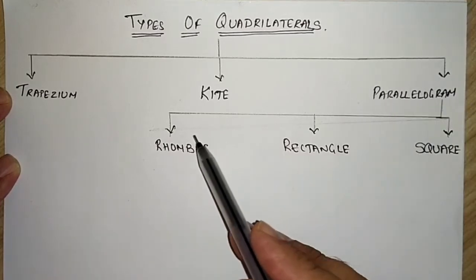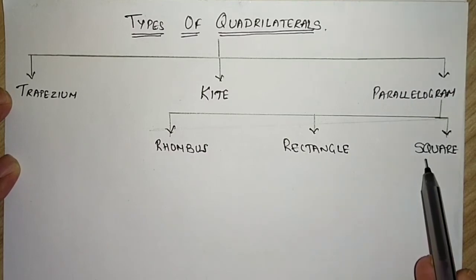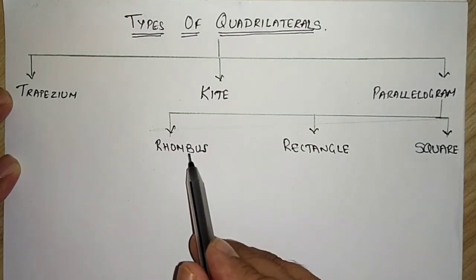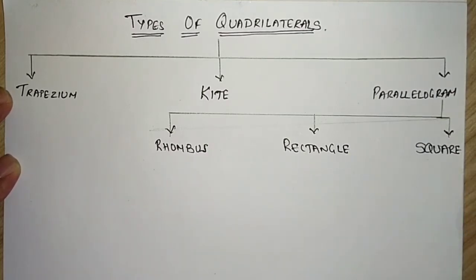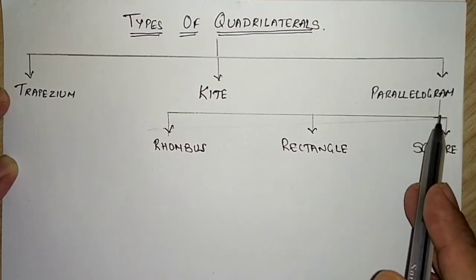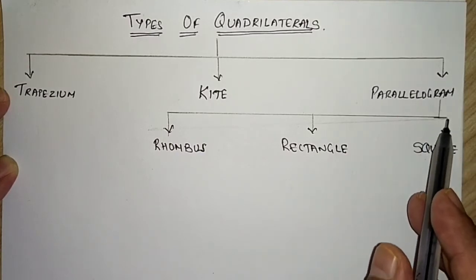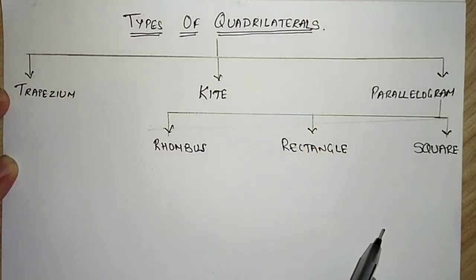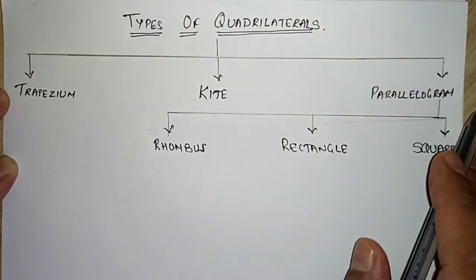Parallelogram has three parts: rhombus, rectangle and square. So rhombus, rectangle and square are also quadrilaterals. They are also known as parallelograms because they are a subsection of parallelogram, but they are also quadrilaterals. So these are the types of quadrilaterals.